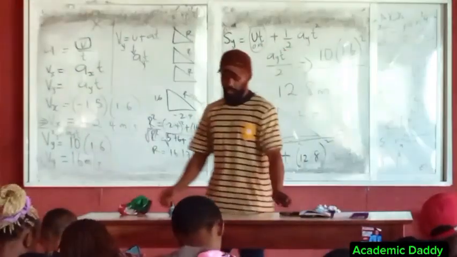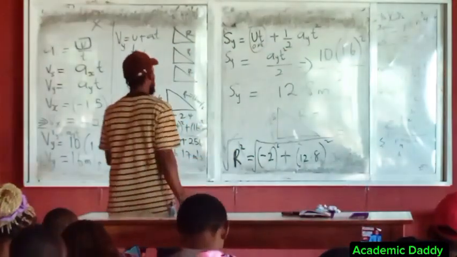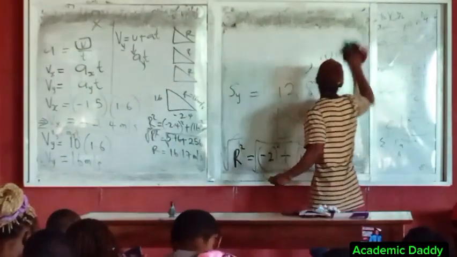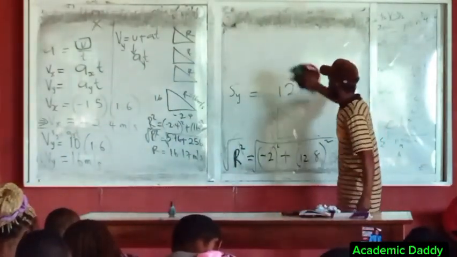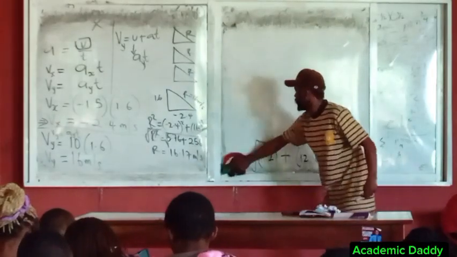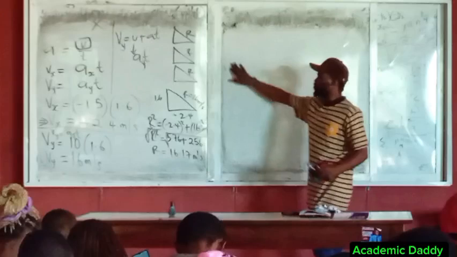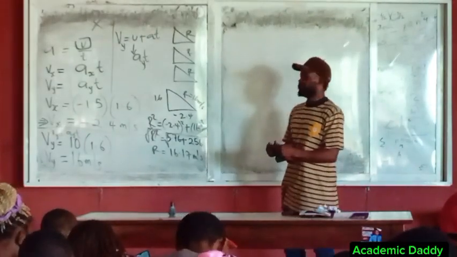Then when you are finished, you need to present your answer. Let me print it so that we present our answer. So remember they asked us to find position in that question, shall we?